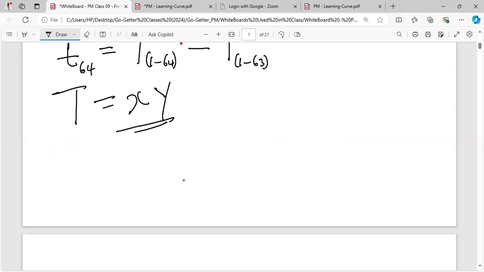So we can say t 64, or which I can say 1 to 64, any of them, is equal to, when x is 64, so this is going to be 64 multiplied by when y is 64.